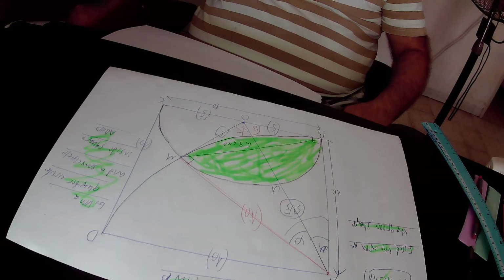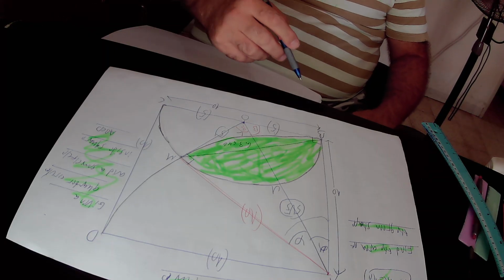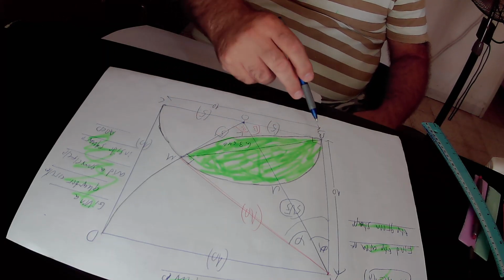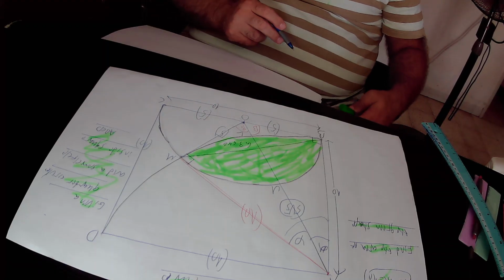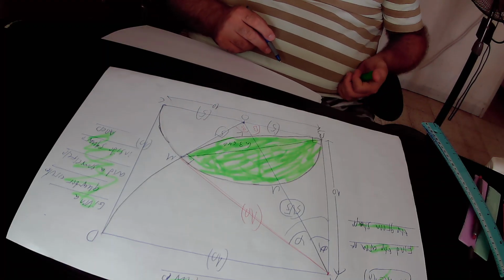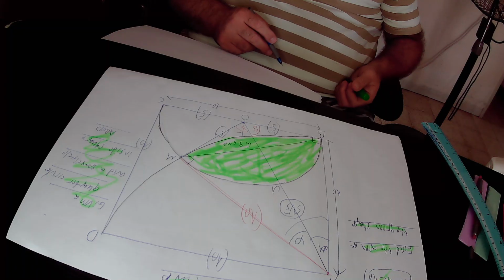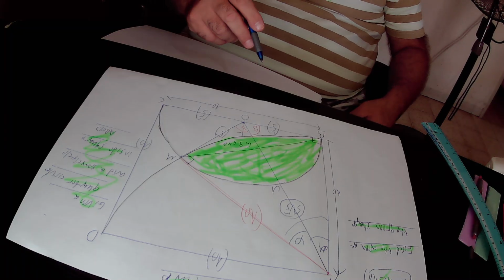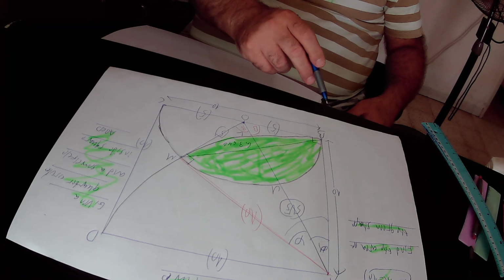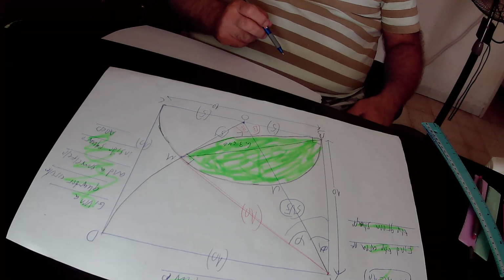So in the next step, we'll find out the area of the upper segment BUM. In order to find out the area of the upper segment BUM, I'll copy sector BOM to a new page.